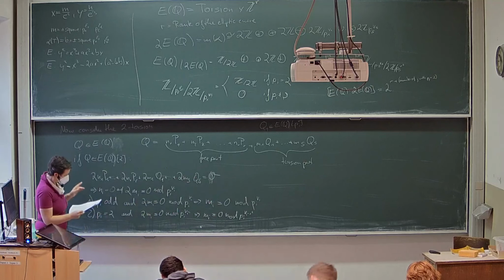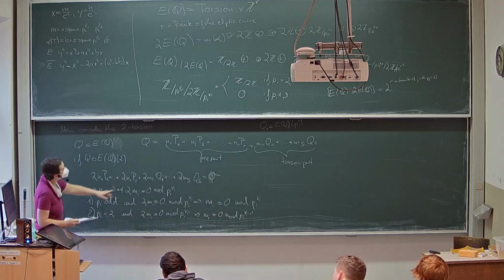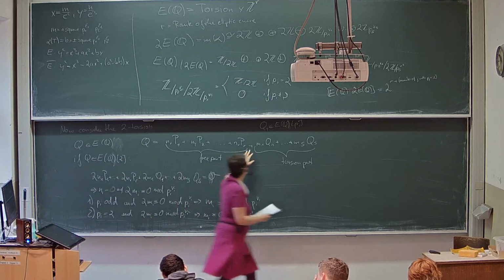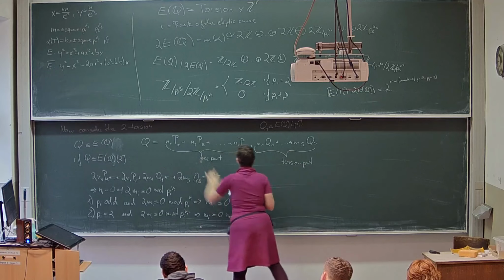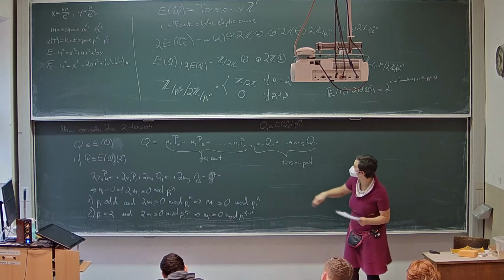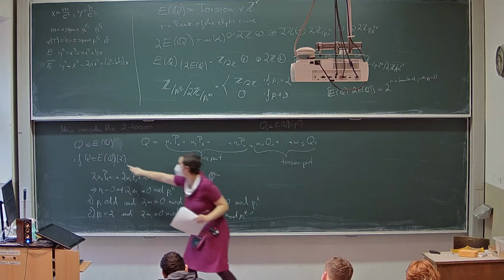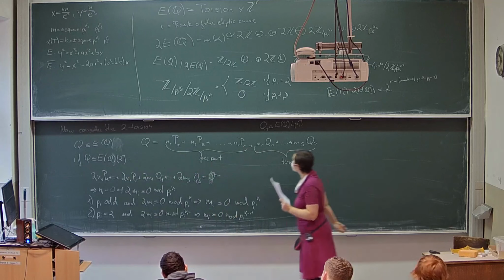Okay. So what does that tell us? Here we have no freedom to choose anything. All of them have to be 0 if we want to see what the 2 torsion are.